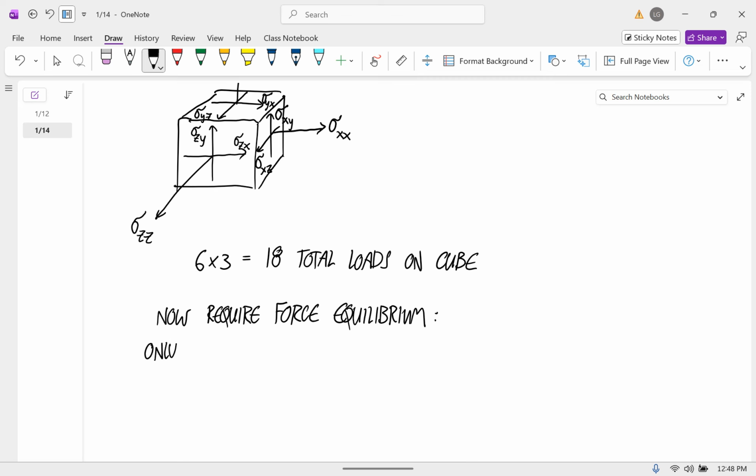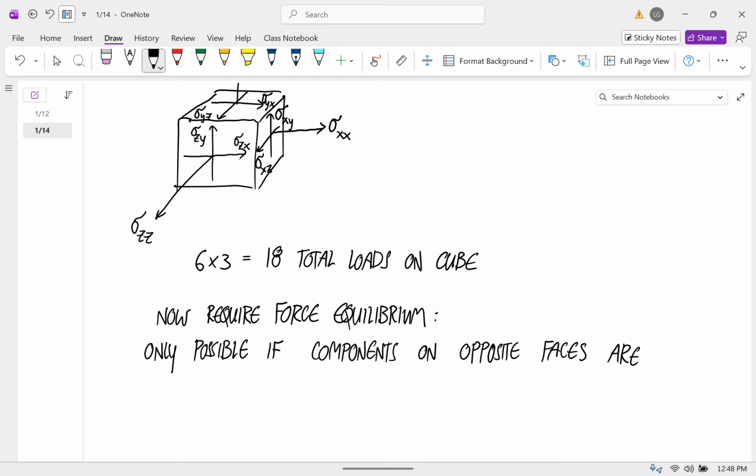It's only possible if the components on opposite faces are equal and opposite.